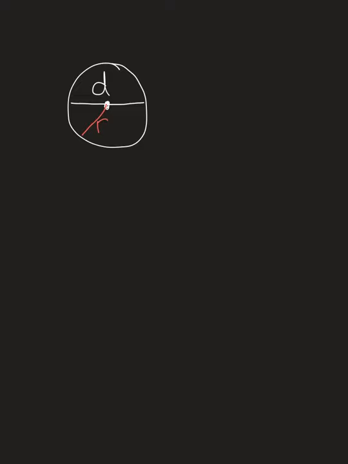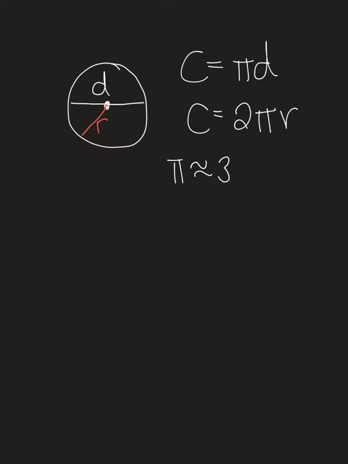So when you're looking at circumference, you have two formulas you could choose from. You could do pi times the diameter if you know the diameter, or you can do 2 pi r. So that means you're just doubling that radius and then multiplying it by pi. And most of the time in Ed Ready, instead of using the pi key on your calculator, you are using that pi is approximately 3.14.